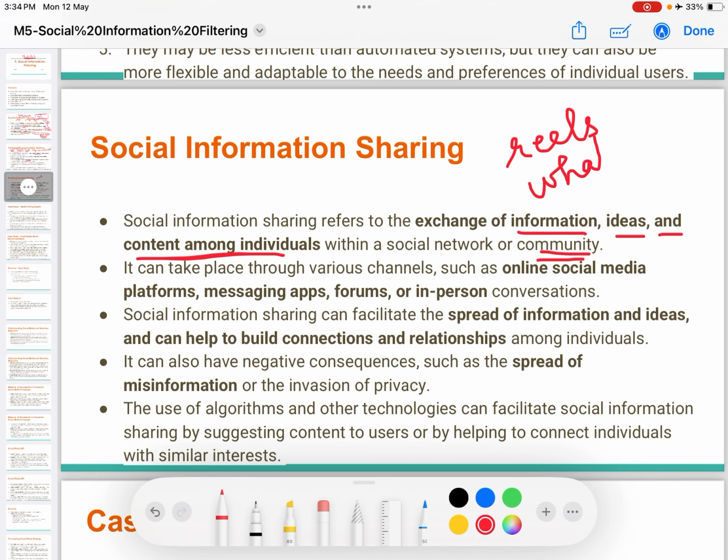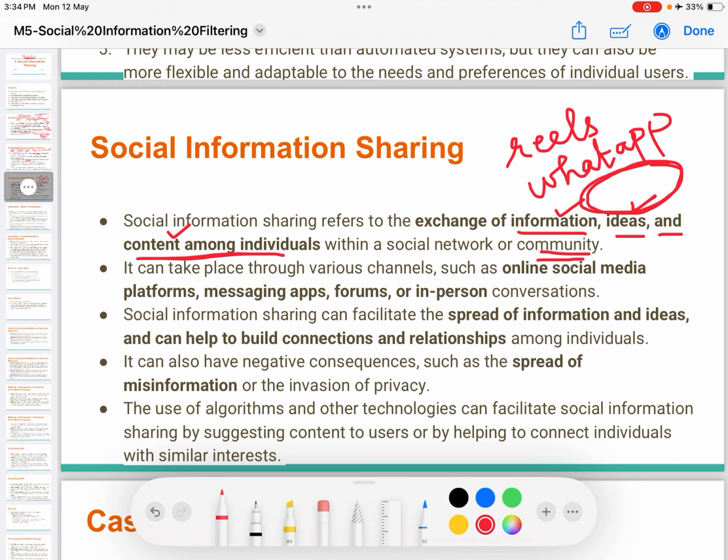WhatsApp messages are sent to a group, a particular community in the WhatsApp chat. So that is a particular social network or social community which is exchanging things, information, ideas, and content.